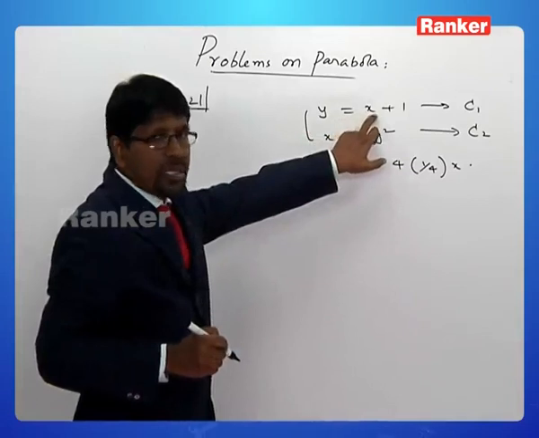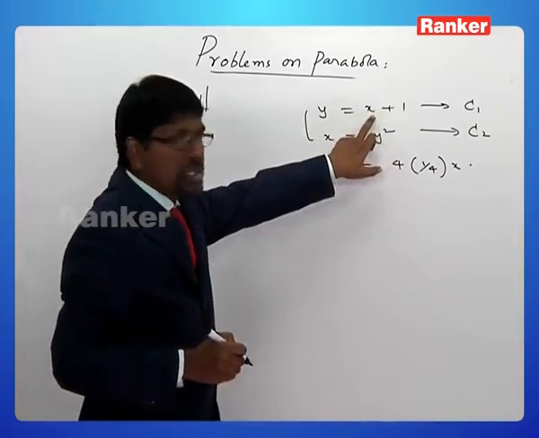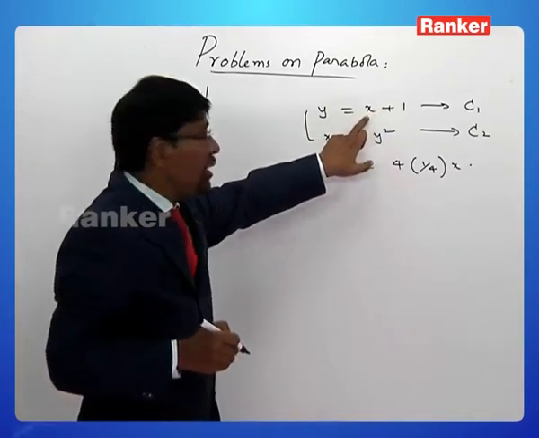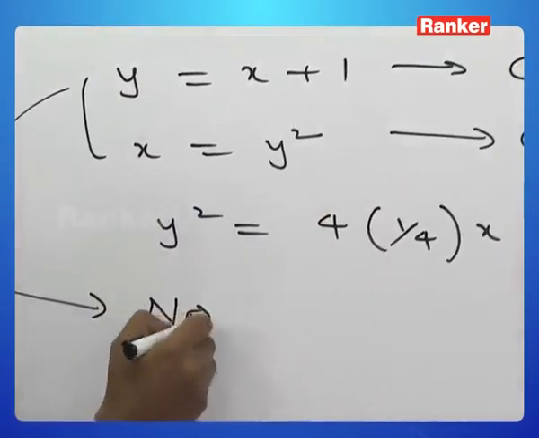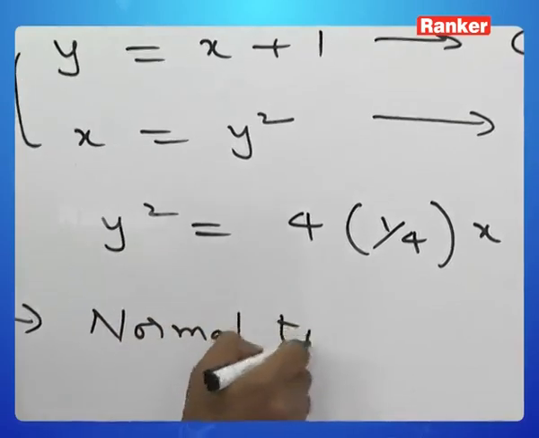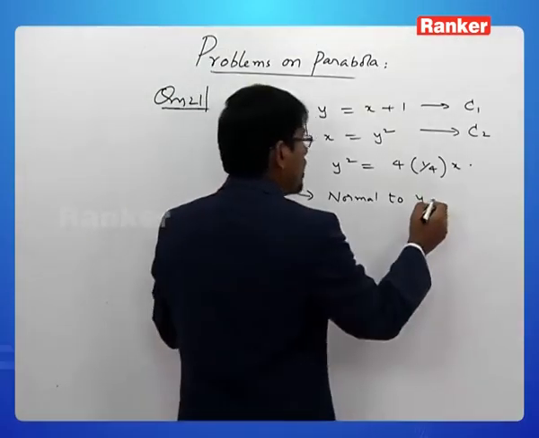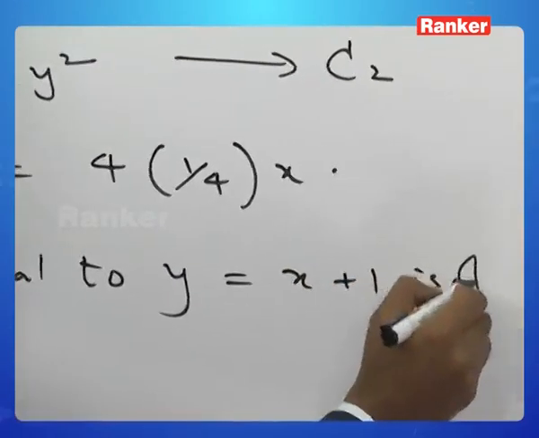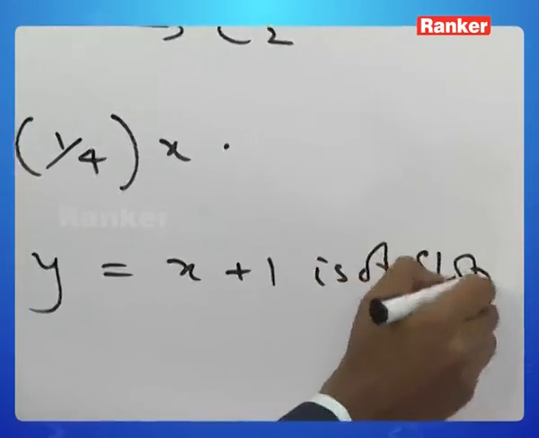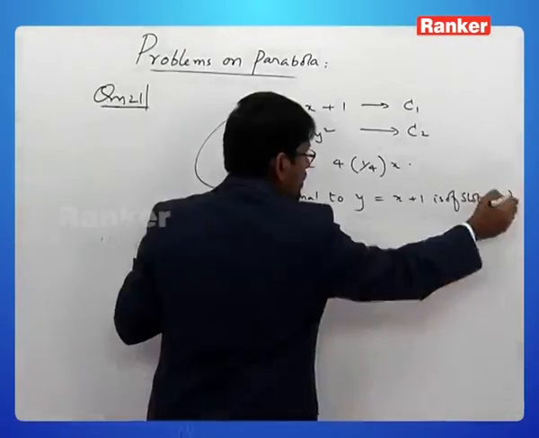What will be a normal to this line having slope as minus 1? Because this is with slope 1, the normal to y equal to x plus 1 is of slope minus 1.